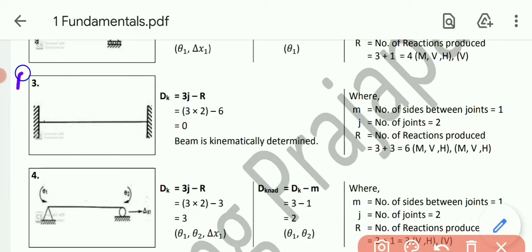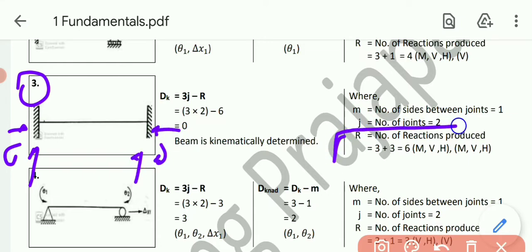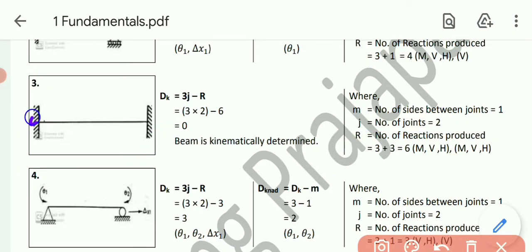Now example number 3, fixed support. At both ends a fixed support is there, so ultimately the total number of reactions produced will be 6, capital R, that is 3 plus 3, that is 6. Joints 1 and 2, so the number of joints equals 2. And m, the number of members between the joints, is 1.